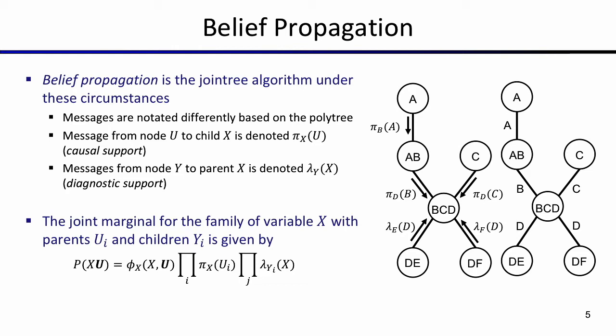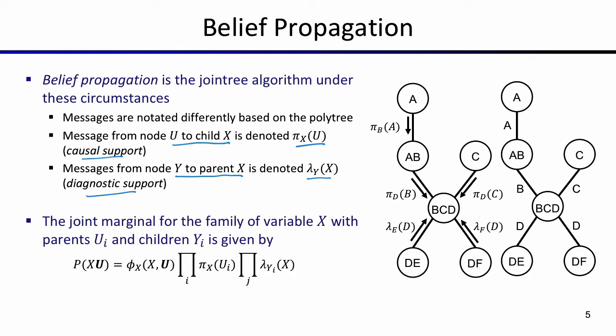A message from a node U to a child X, we denote by pi X(U), and it's called the causal support. And there is also a message from a node Y to its parent X that we call lambda Y(X), and this is also called the diagnostic support.